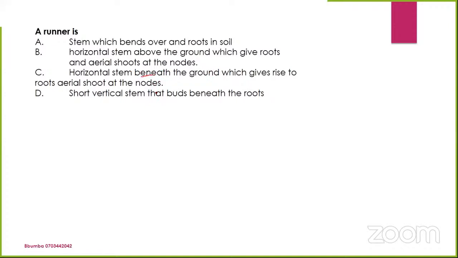Beneath means under, inside. So horizontal stem inside the ground, which gives rise to roots and aerial shoots at the nodes. Then D says, short vertical stem that buds beneath the roots. Beneath means like inside.